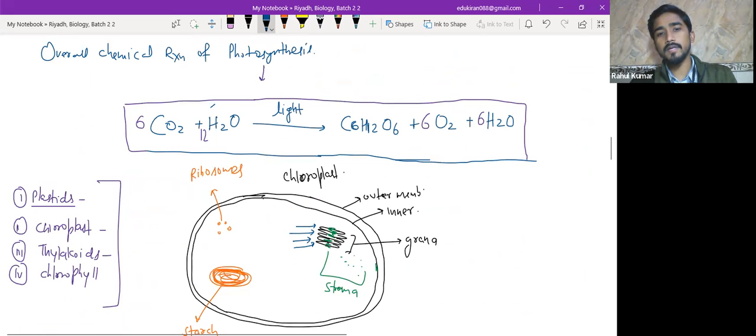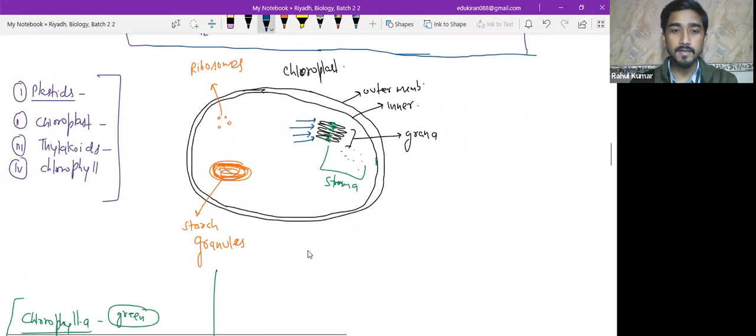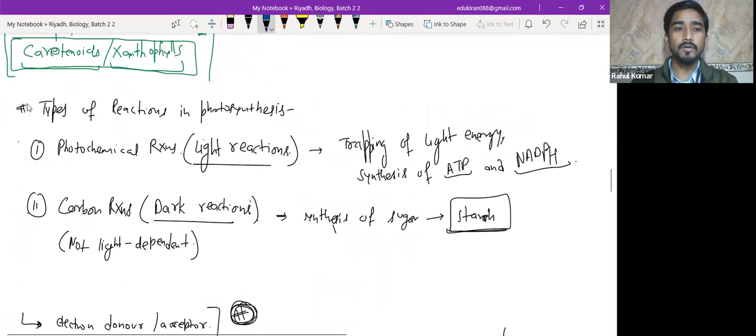We also discussed the difference between plastids, chloroplasts, thylakoids, and chlorophyll. So all of that is clear to you. Then we started with the two types of reactions in photosynthesis. So basically we have all the ingredients ready.